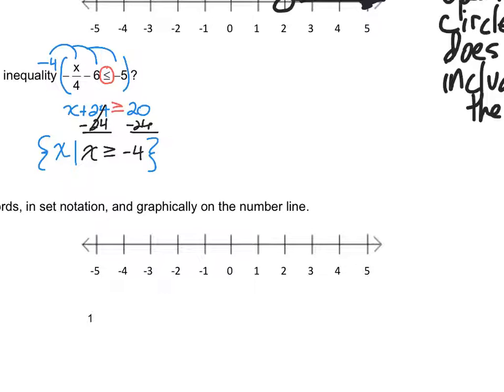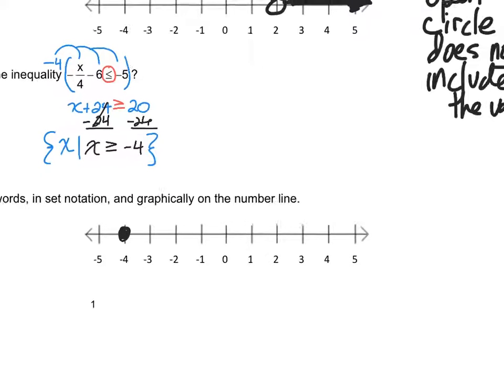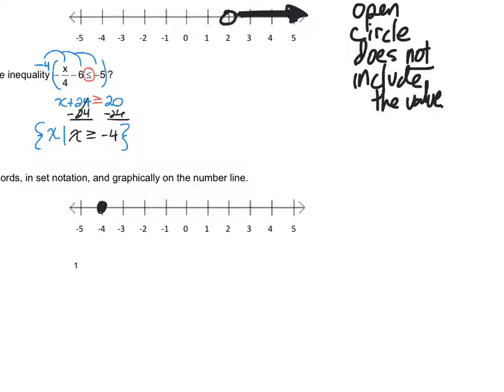So here, what I'm going to do is plot a closed circle at -4. Closed circle includes the value.